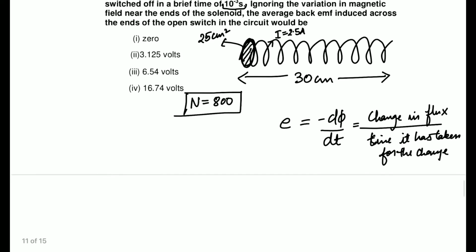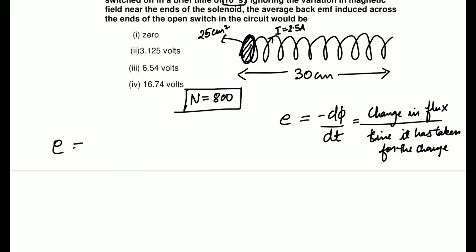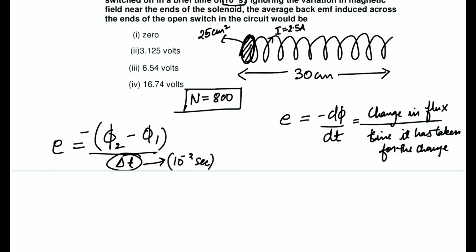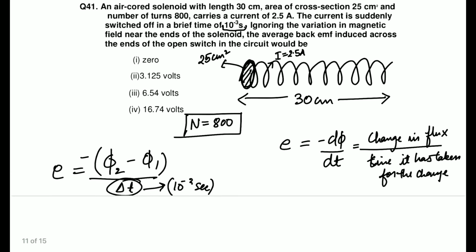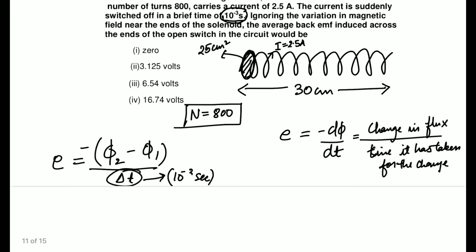So basically you can simplify this as E equals, I can write it here like this, final flux minus initial flux, with a negative sign, divided by the time. Now the time is given to me, that is 10 to the power minus 3 second, because for that small interval of time, the current was switched off. So phi 2 is the final flux and phi 1 is the initial flux. I'm writing it like that.